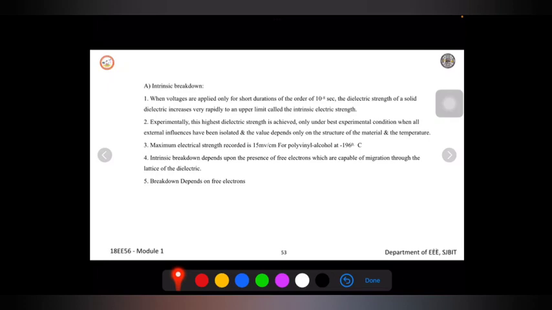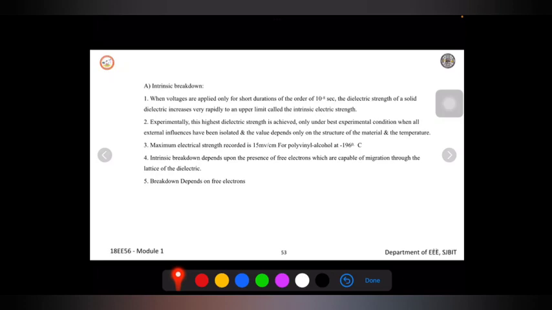If there is any moisture content, any damage, or any other parameter affecting temperature, everything has been removed. They did the experiment by removing all external influences, and it was found that the value depends only on the structure of the material and the temperature.